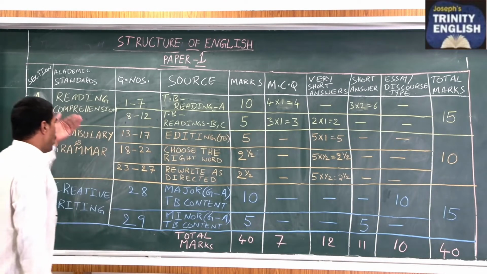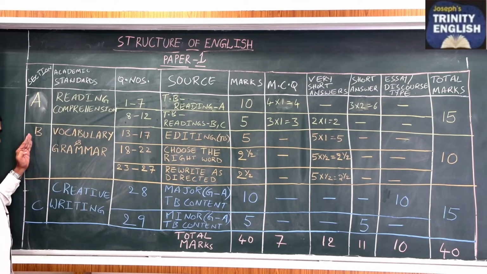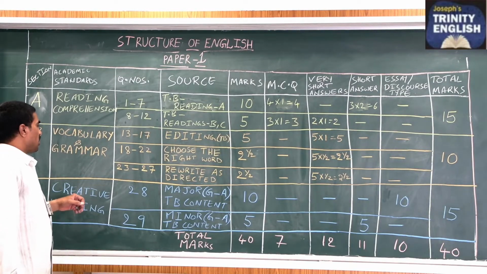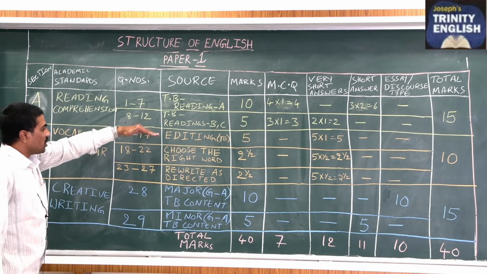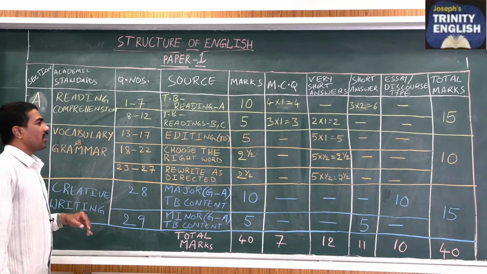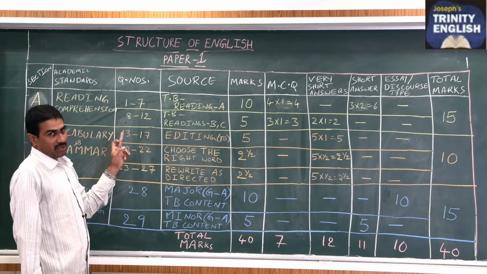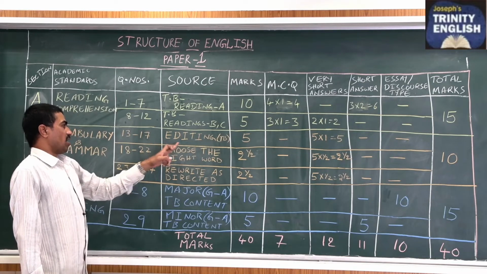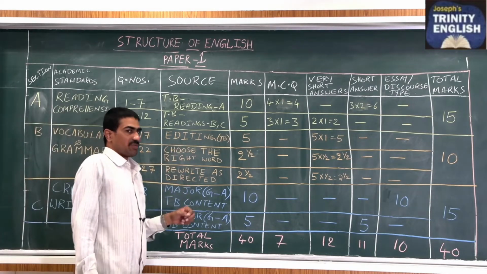And if you move on to section B, this section is known as vocabulary and grammar, and here we have 3 different kinds of questions. From 13 to 17, there are editing errors taken from the textbook.